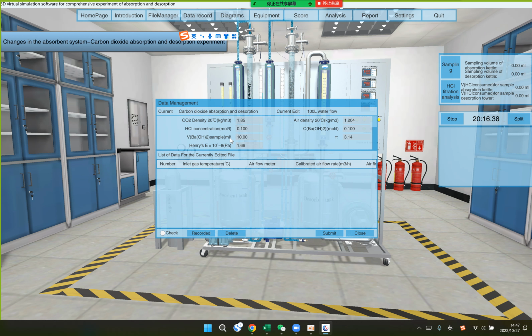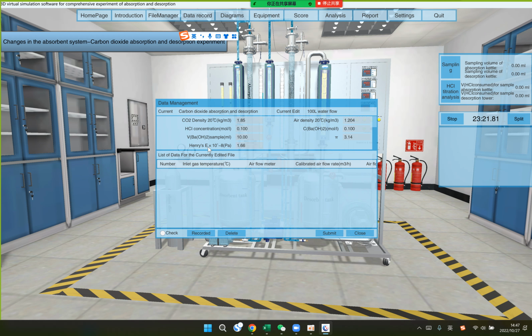Okay. And also for the carbon dioxide absorption, I didn't tell you earlier, however I think you already know that it follows Henry's law.